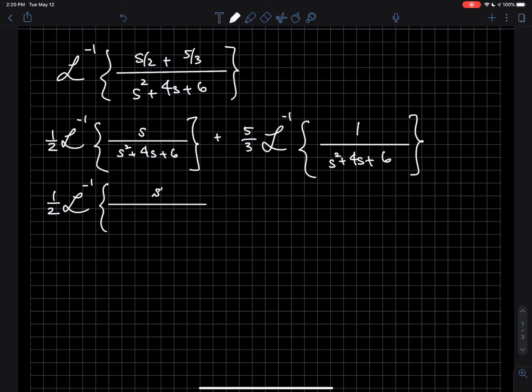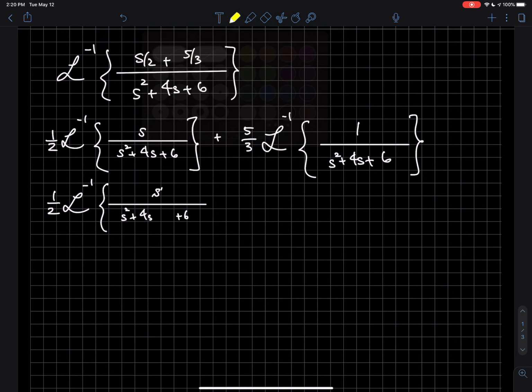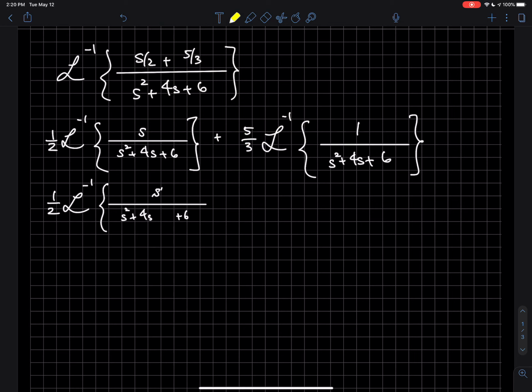Again, you notice a cosine coming out of the first one, and a sine coming out of the second one. So s squared plus 4s plus 6. To make it nicer, 4 divided by 2 is 2, squared is 4, so I add 4 here.